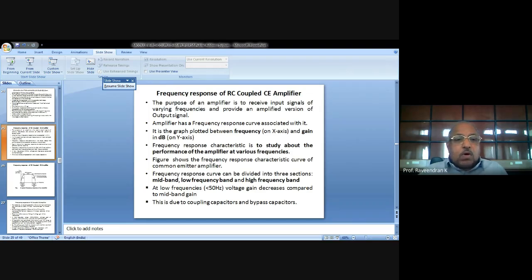The circuit or equipment used to achieve this equalization is called an equalizer.